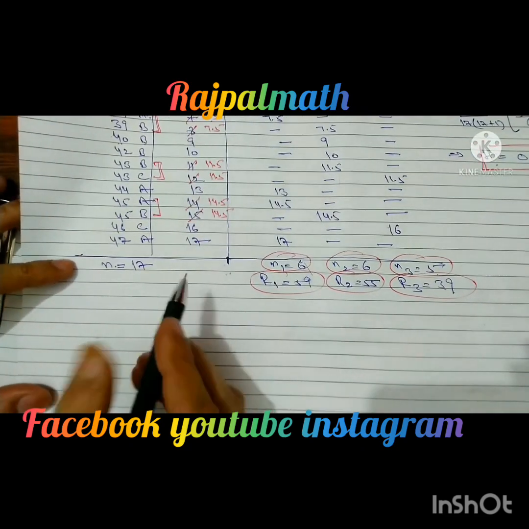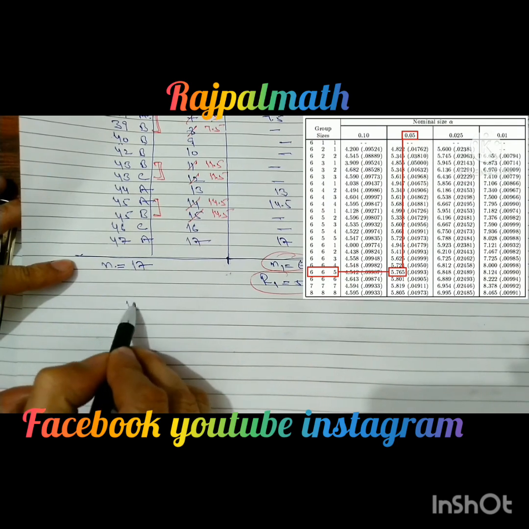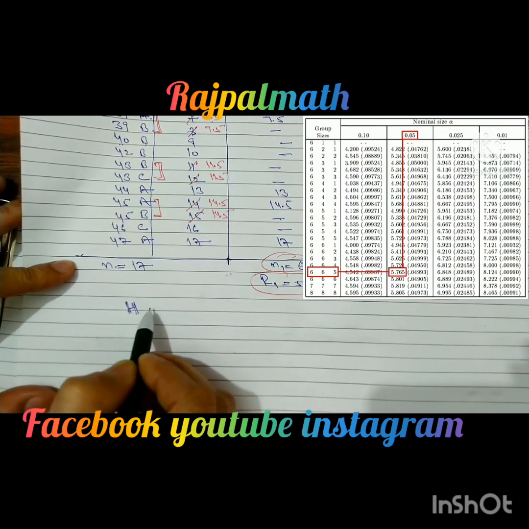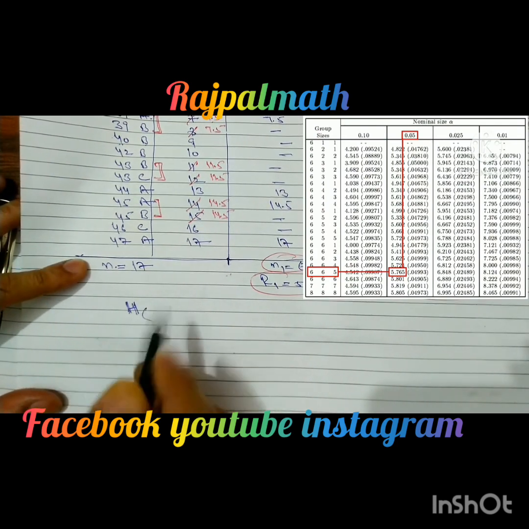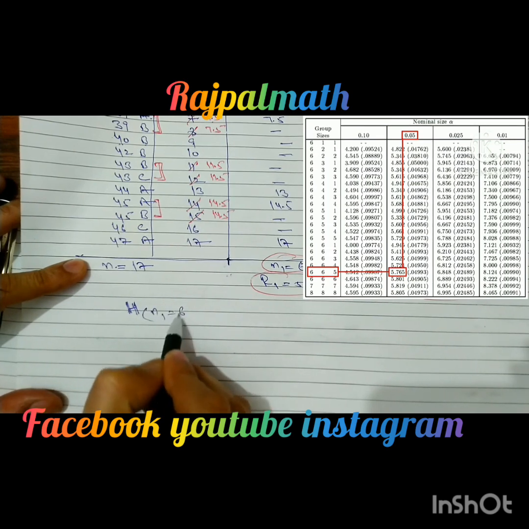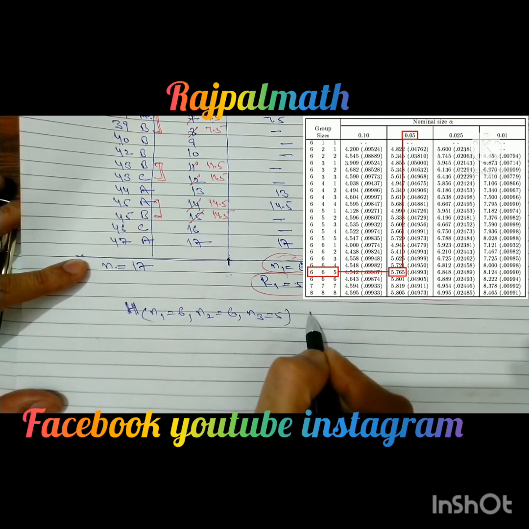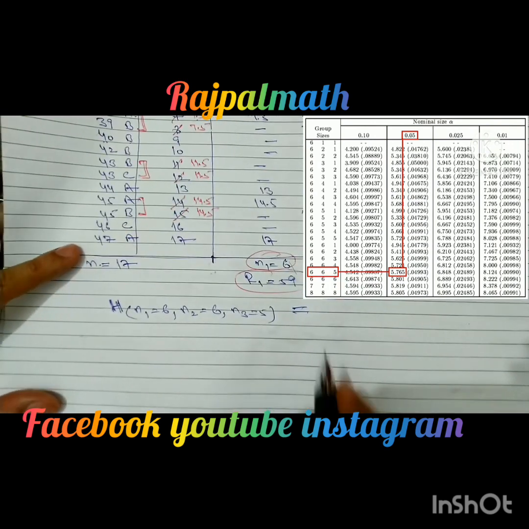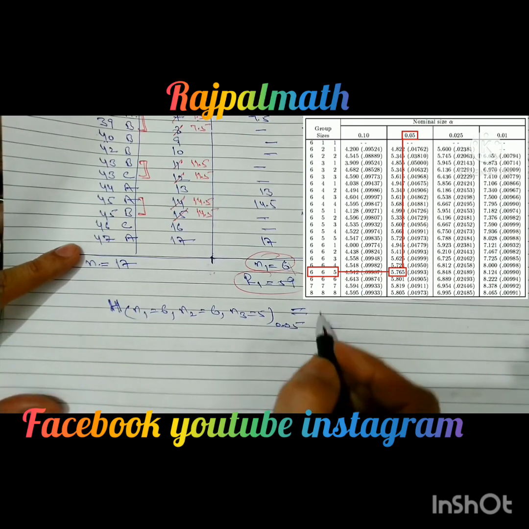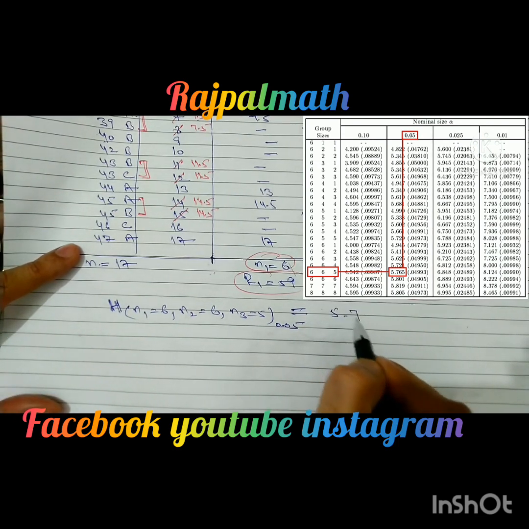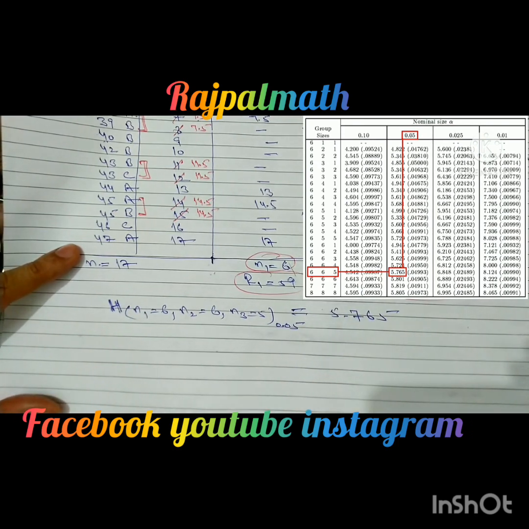Now for the table value, or critical value, of H at N1 equals 6 elements of group 1, N2 equals 6 elements of group 2, and N3 equals 5 elements of group 3, at 0.05, meaning 5% significance level, it is 5.765.